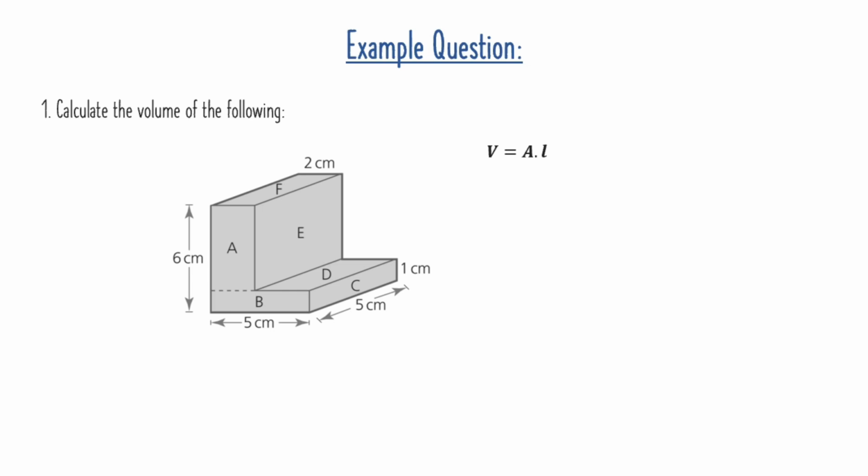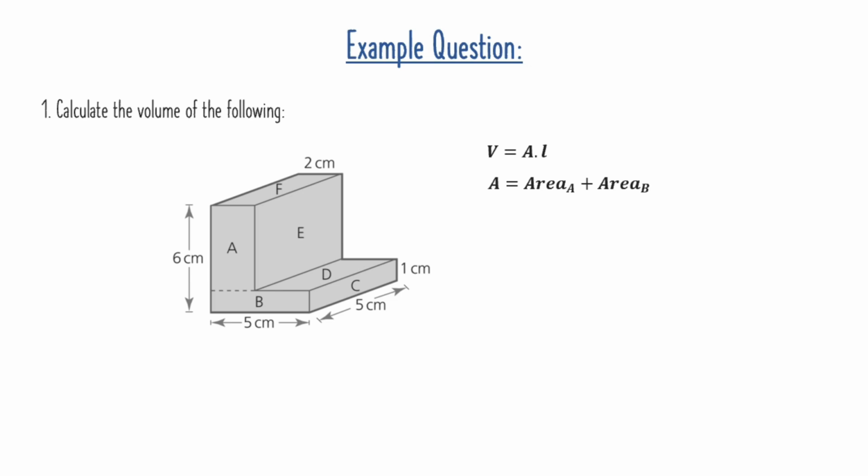So the base of this prism is basically two rectangles, rectangle A and rectangle B. And we are going to determine the areas of these rectangles, add them, and then it gives us the area of the base. So the area of the base is the area of rectangle A plus the area of rectangle B.